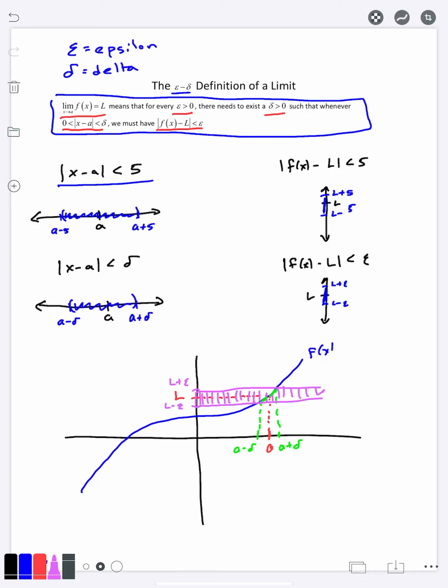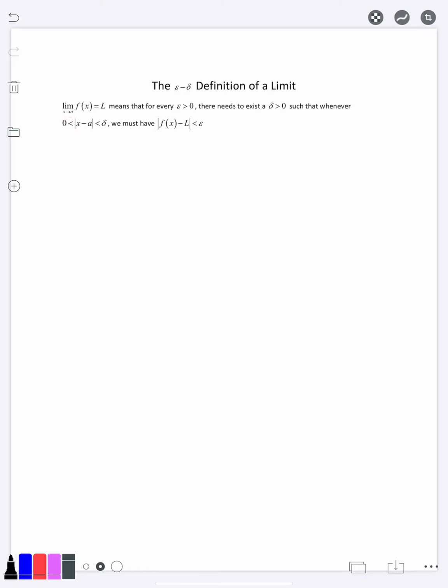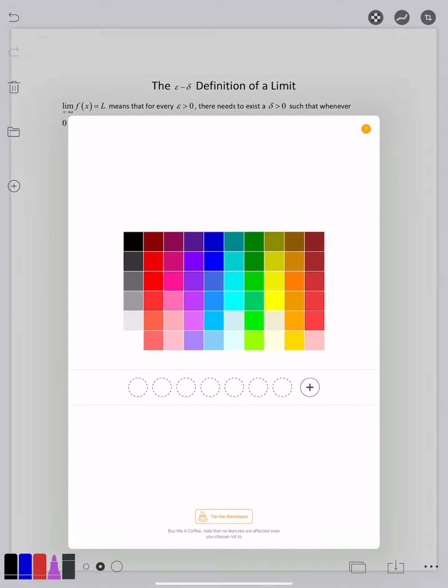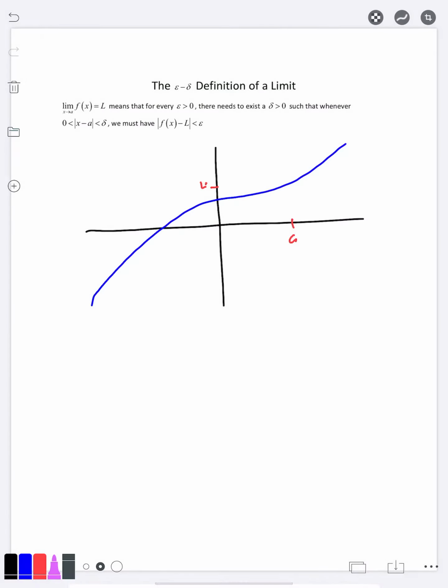Sorry, I said blue earlier. Apologize for that. And so what do I mean? What if I redo this? What if I look at the same kind of graph here, but now what if I want my purple area to be really, really, really narrow?